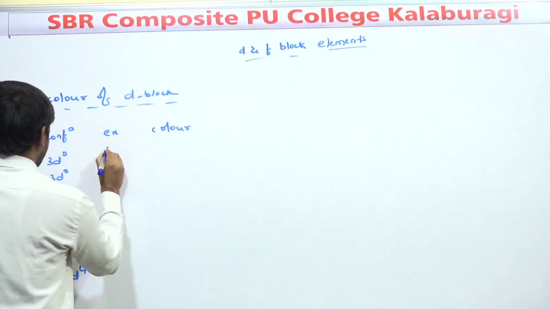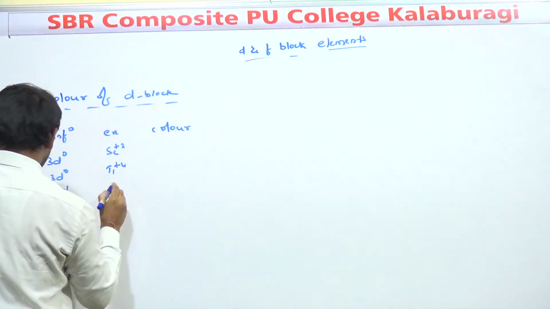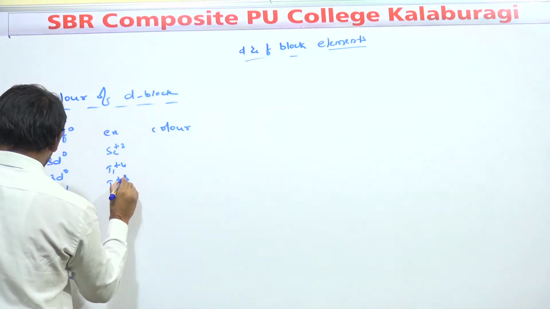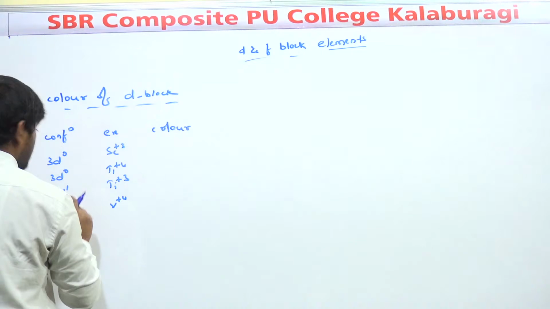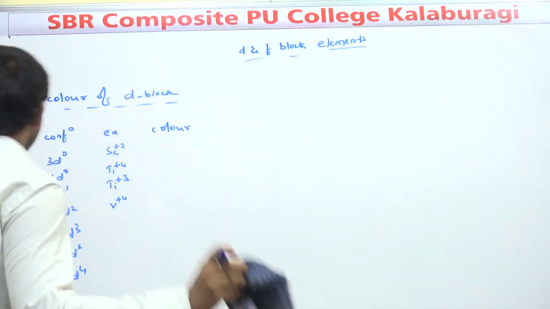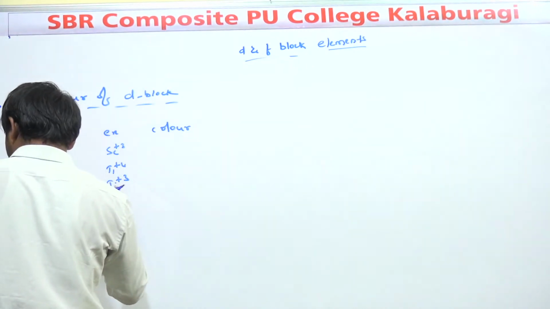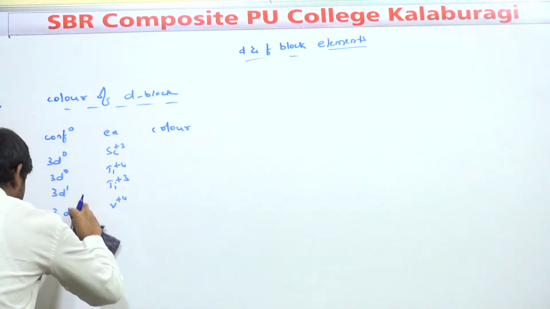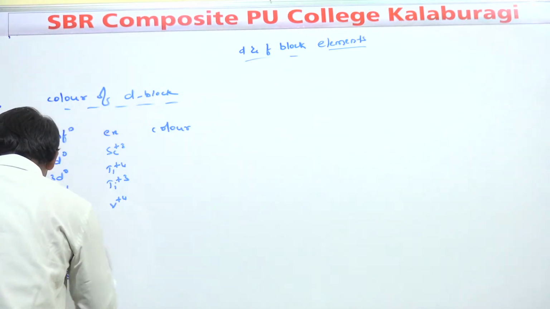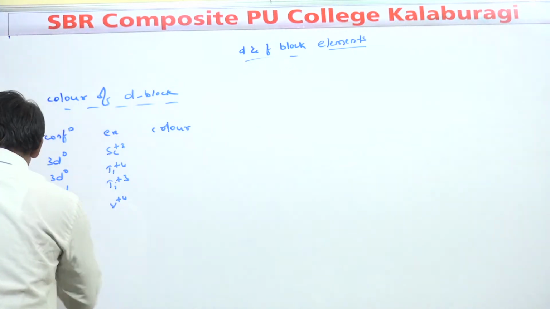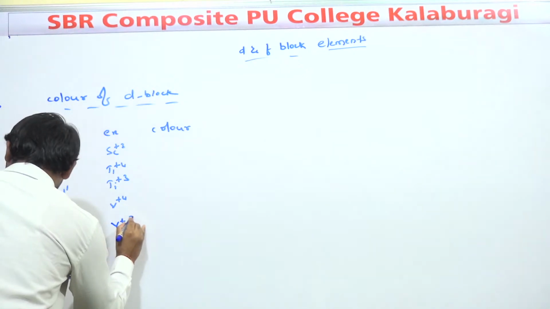My examples are scandium in +3 state, titanium in +4 state, titanium in +3 state, vanadium in +4 state. 3D0 scandium, 3D0 titanium, 3D1 titanium +3, and vanadium +3.